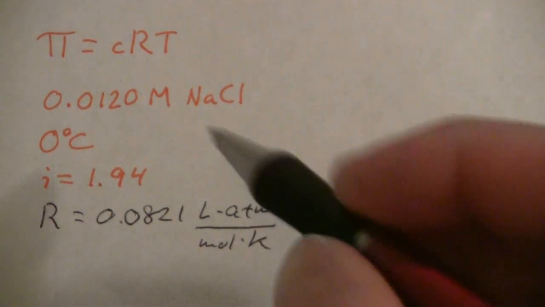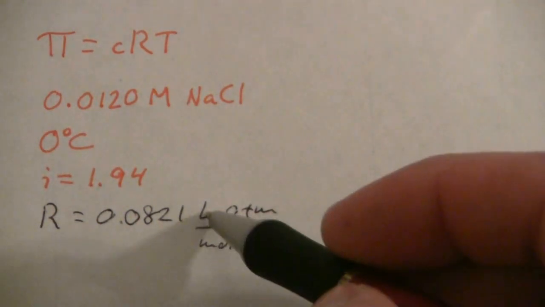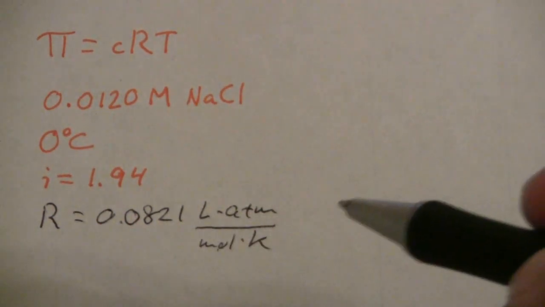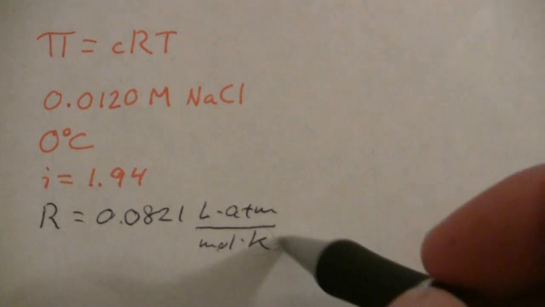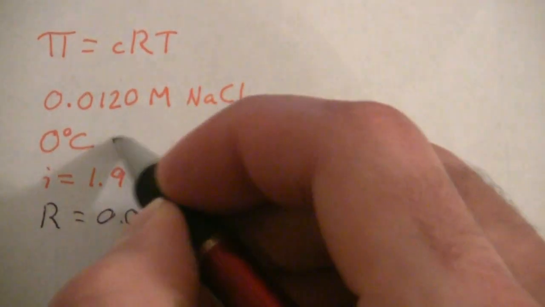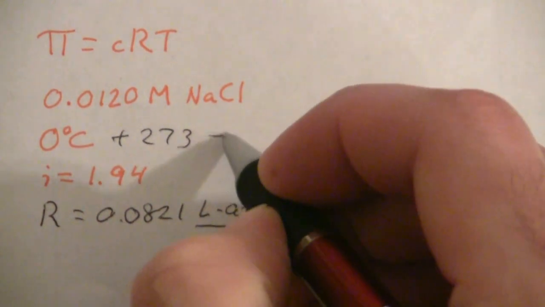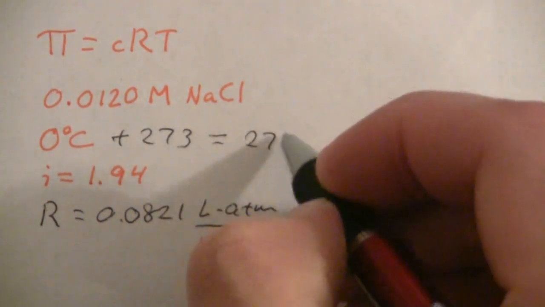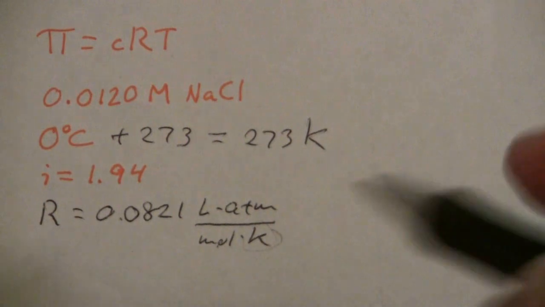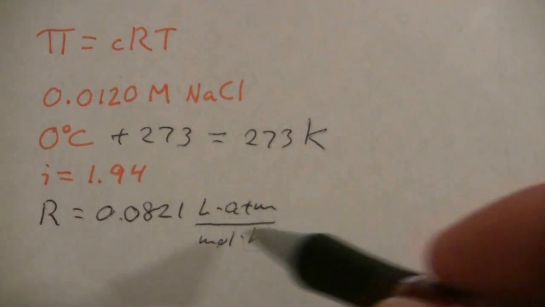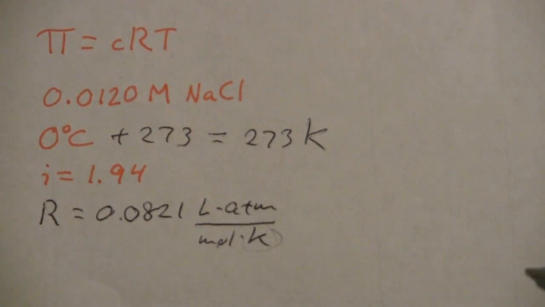The molarity, of course, cancels out with the moles and the liters. We need Kelvin here, so we're going to add 273, and that, of course, is 273 Kelvin. Okay, and then we'll find the pressure in atmospheres.